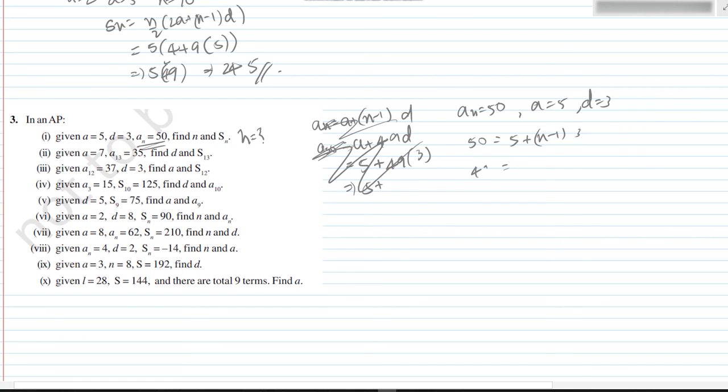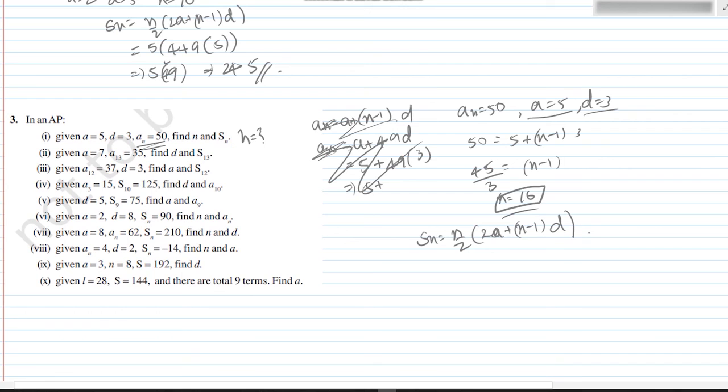So 45 divided by 3 is n minus 1. So n is 16. So now you got a, you got d, you got n. So substitute in the formula S of n is equal to n by 2 into 2a plus n minus 1 d.